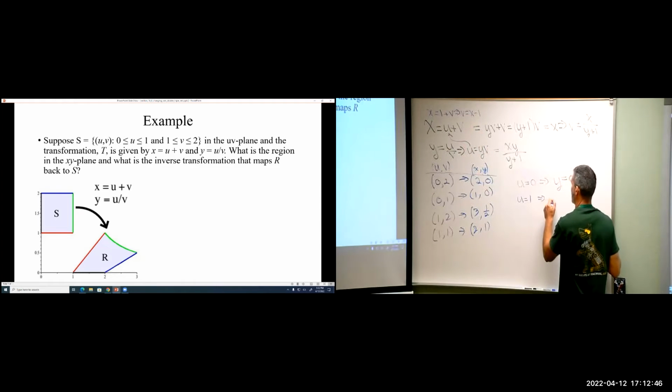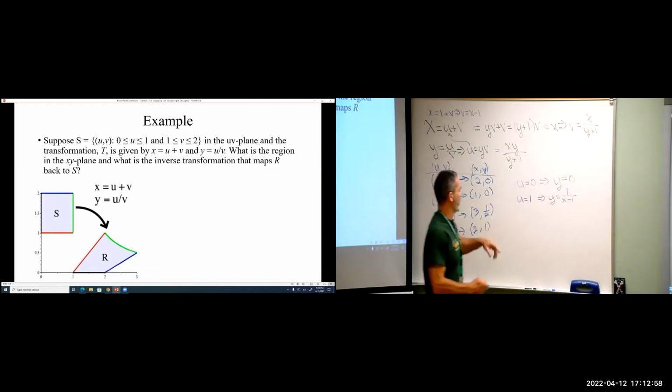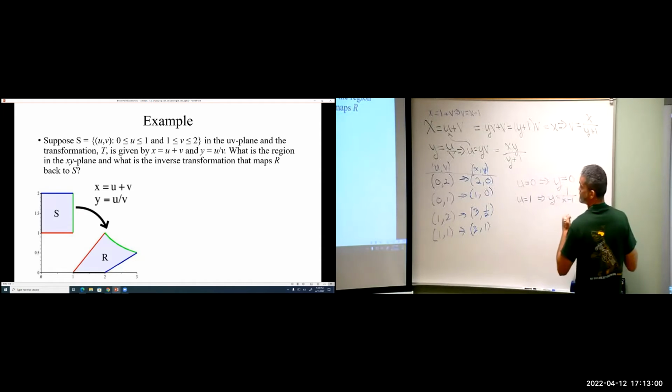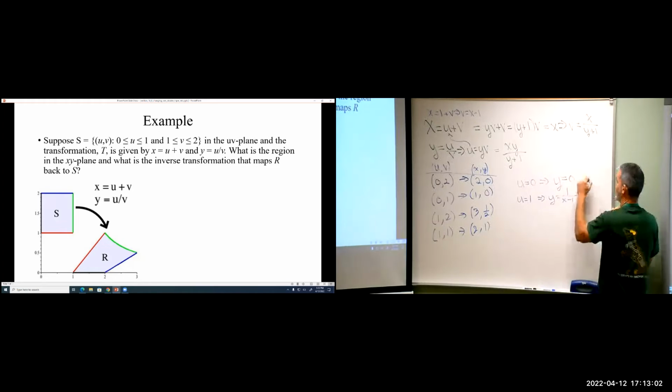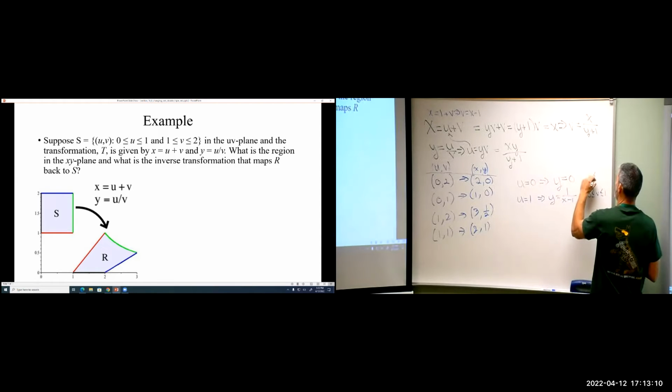So this becomes y equals 1 over x minus 1. And that's why it's giving this curved shape. And again, it's only happening for, both of these are the same, right? This was for v in between 0 and 1.